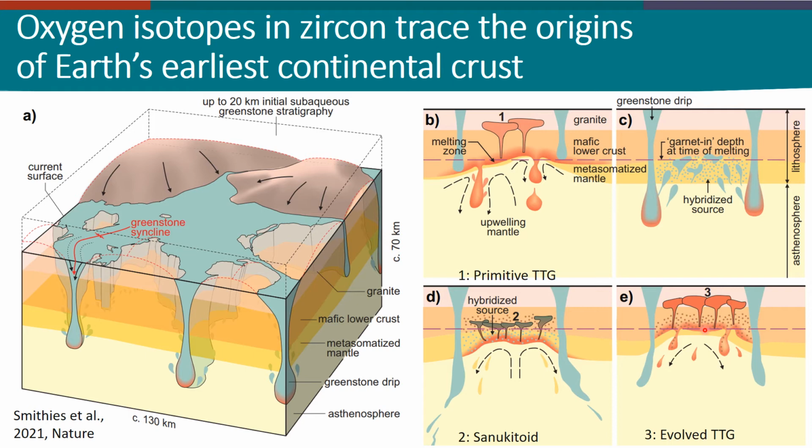Our data remove many of the paradoxical impediments to understanding early continental crust formation. Sufficient primordial water was already present in Earth's early mafic crust to produce the primitive nuclei of the continents, with additional hydrated sources created through dynamic processes unique to the early Earth.